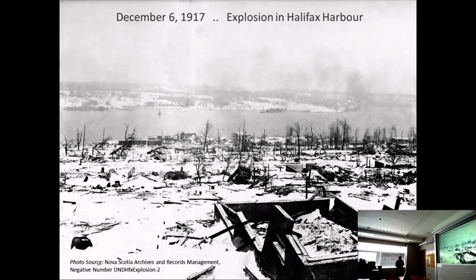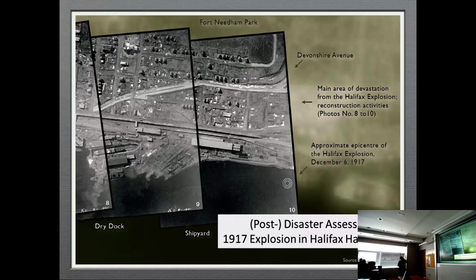Now, a very, very important date in the history of Halifax is December the 6th of 1917, the explosion in Halifax Harbour. And I was trying to see evidence of that event in the 1921 photography. And of course, the area of the first flight line covers the Richmond area, and the location of the explosion being very, very close by.